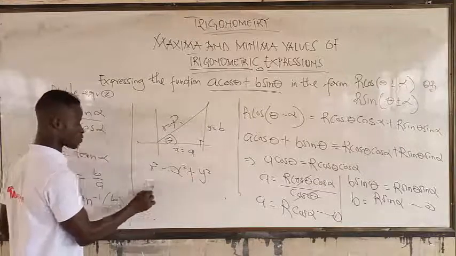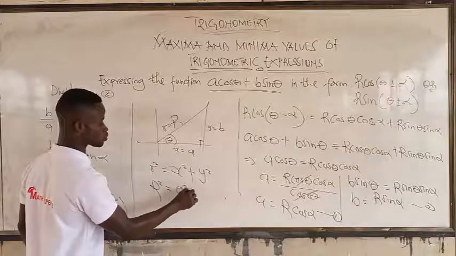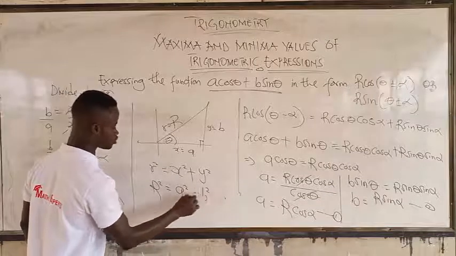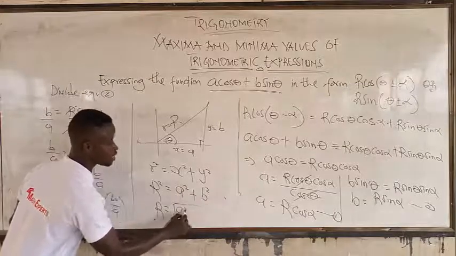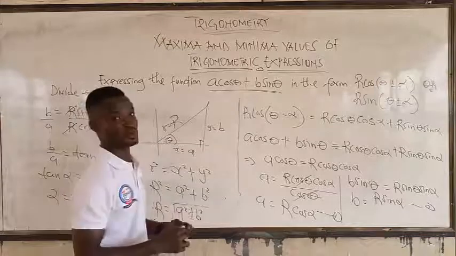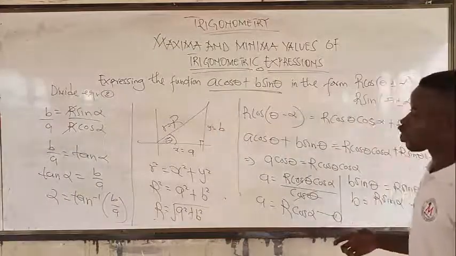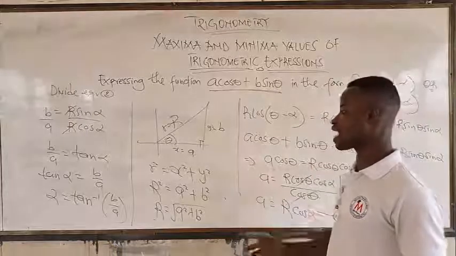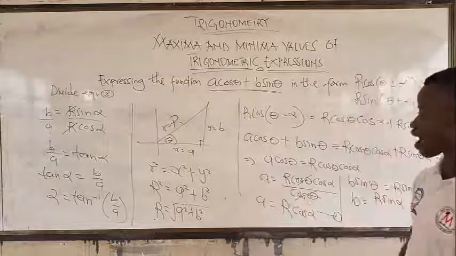So capital R squared is equal to A squared plus B squared. So we get R to be equal to the square root of A squared plus B squared. That is how we find the unknown quantities alpha and R.